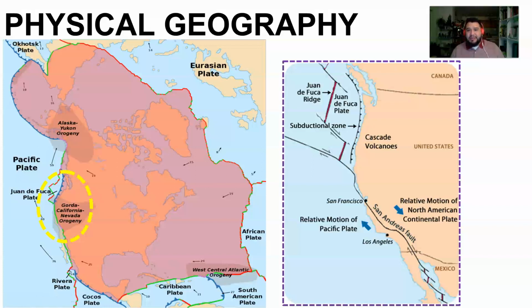For us here in California, we have a lot of tectonic activity because we have two tectonic plates: the North American plate, which is moving in a southeast motion, and the Pacific plate, which is moving in a relative motion going northwest. Okay, and so we are right off the San Andreas Fault, which is what connects these two large plates, the Pacific plate and the North American plate.